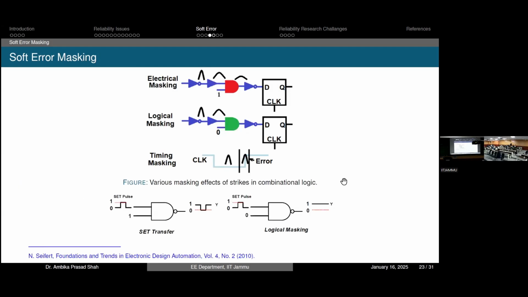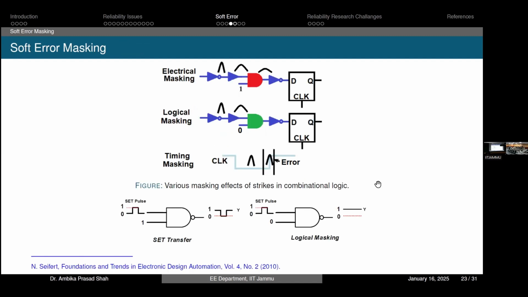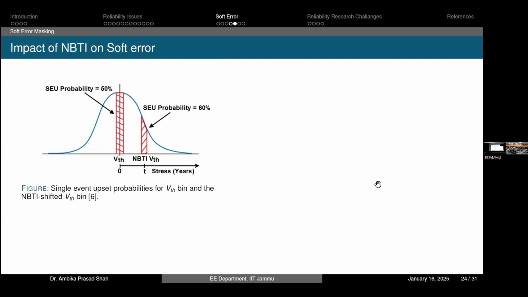So yes, I was just talking about this very important, very interesting result here. What does this result say? I just wanted to connect NBTI with the soft error. This relation says that if there is no stress, if I am operating my circuit normally, let us assume the soft error upset probability is approximately 50%, roughly.